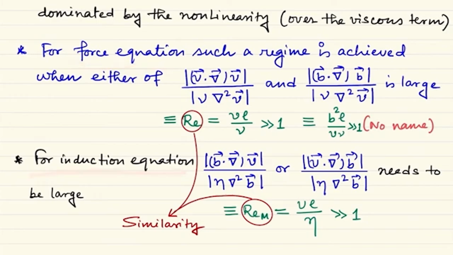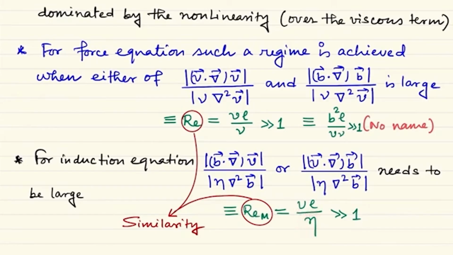For the induction equation, we have two types of nonlinear terms, as we have discussed, B dot nabla V and V dot nabla B, and we take the ratio of these to the corresponding magnetic diffusion term, or resistive term. Both lead to a quantity that looks like VL by eta.